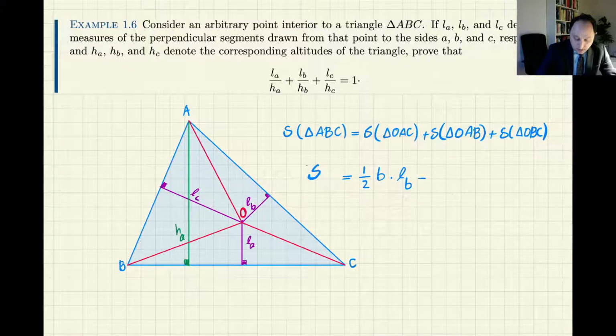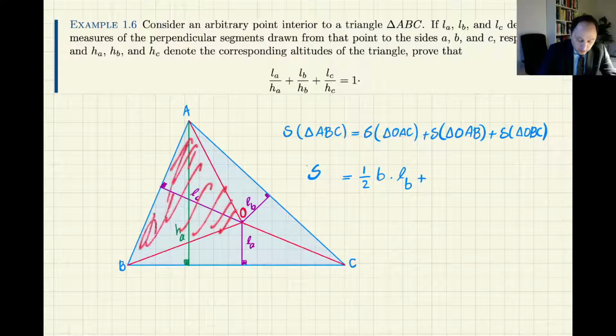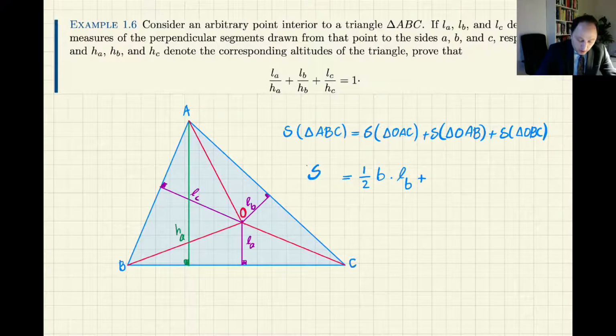The next one, I can write something similar for that. So which triangle is that? Triangle OAB. So this is my triangle OAB, yes? Now I will take this one to be my height and this one to be my base. So I can write 1 over 2 C times LC.